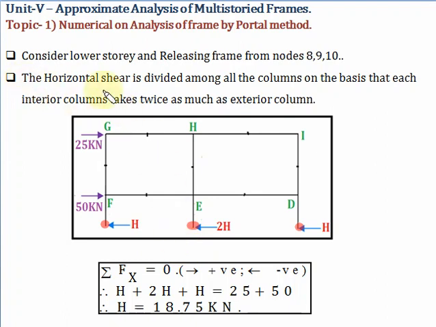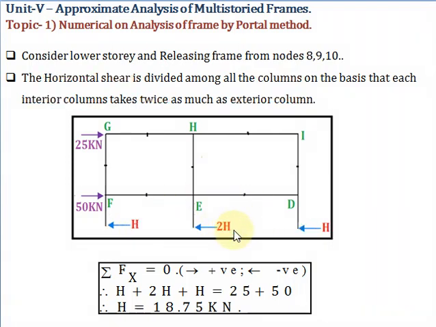Now the assumption is that horizontal shear is divided among all the columns on the basis that the interior column takes twice as much as the exterior column. That means the interior column takes twice the shear of the exterior column. So here we have assumed the exterior column horizontal shear as H, so the interior column will be twice of that.